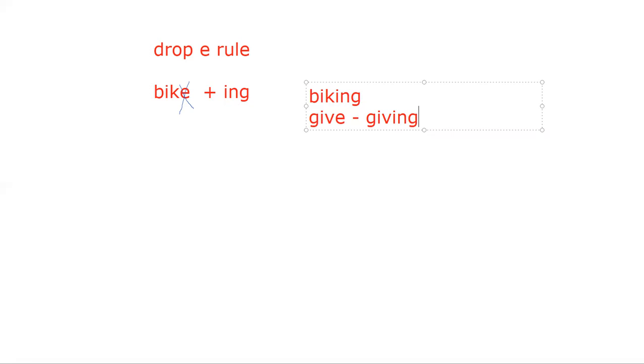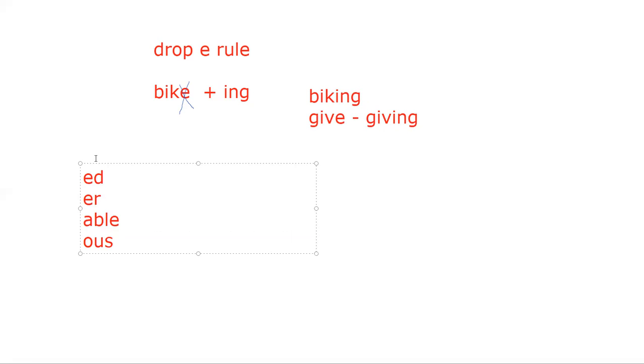This rule is applicable to all the suffixes which start with a vowel. It's not only for ing but for all the suffixes which have a vowel beginning. For example, if you add ed, er, able, or ous.